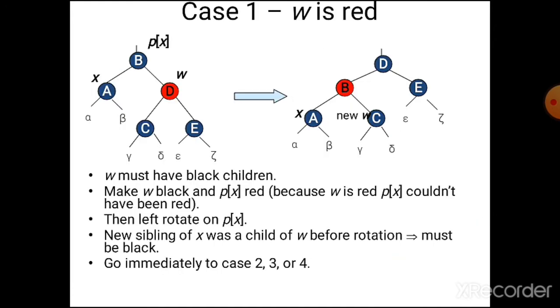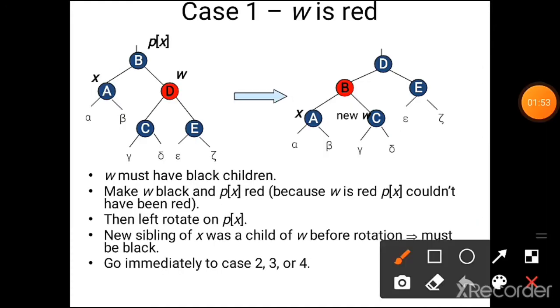First case: x indicates a doubly black node, B indicates the parent of x, and W is the sibling, and here the sibling color is red. Then W must have black children.